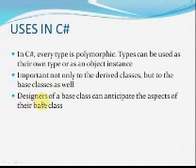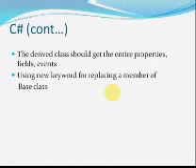Designers of a base class can anticipate aspects of their base class that are likely to change for a derived type. In C#, every type is polymorphic. Types can be used as their own type or as an object instance, because any type automatically treats the object as a base type.